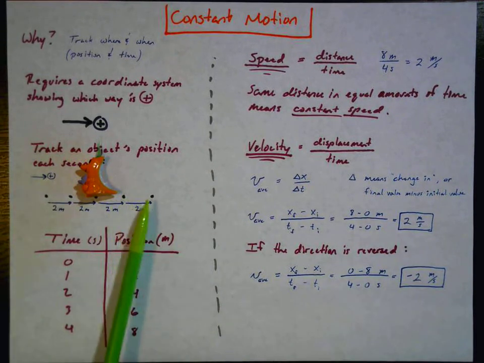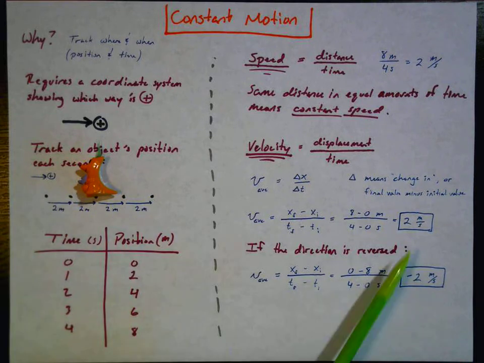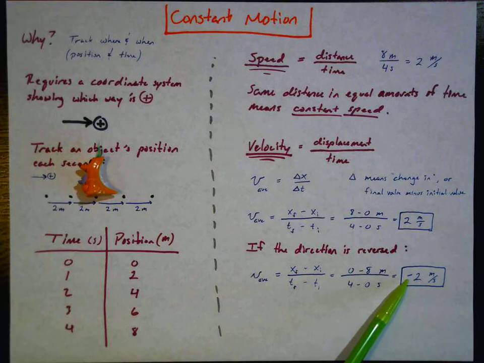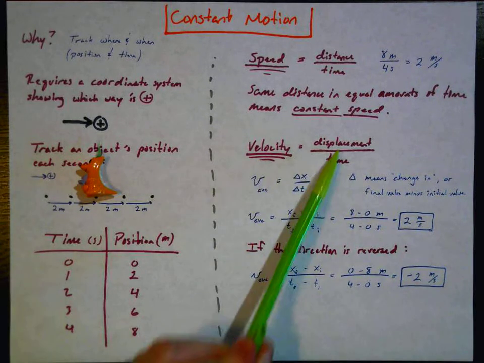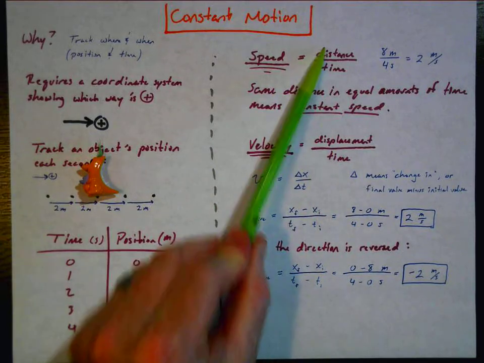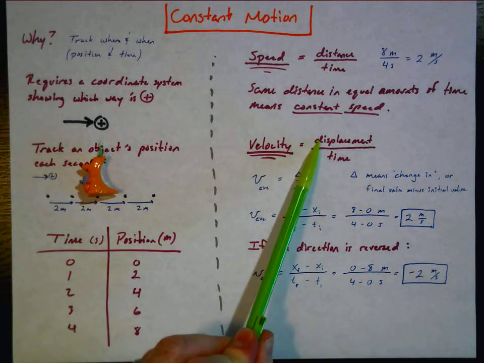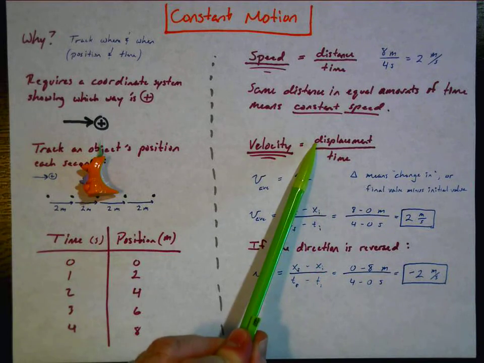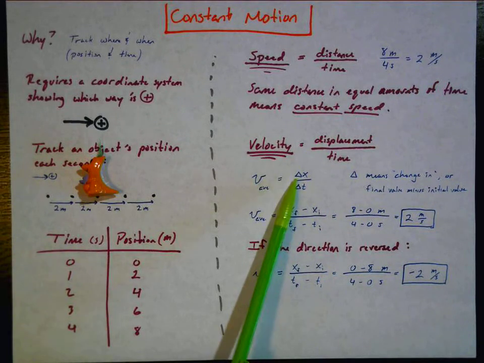When she's going one direction versus the other, that means she has a different velocity. But that doesn't mean she has a different speed. Velocity is kind of like speed with direction, but I'd rather you just memorize and remember the distinction here. Speed is distance divided by time. Velocity is displacement divided by time. And the word displacement has a very specific meaning, change in position.